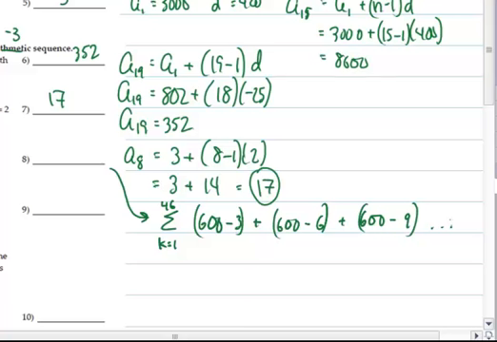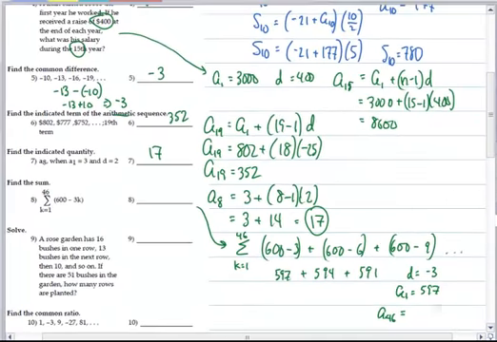So we could just say that we're adding up the terms of 597 plus 594 plus 591. So we know the d value here is negative 3, and our a1 value is 597. And then we need to figure out our 46th value by using our sequence equation.